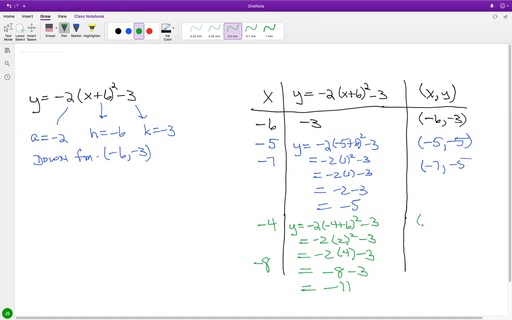So with further points, we have negative 4, negative 11, and also negative 8, negative 11.